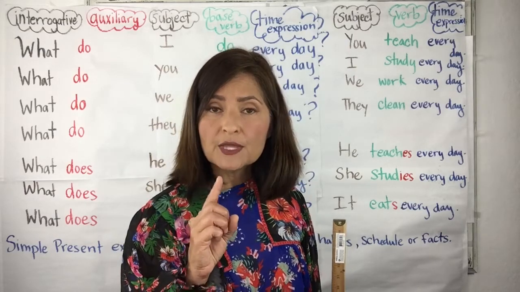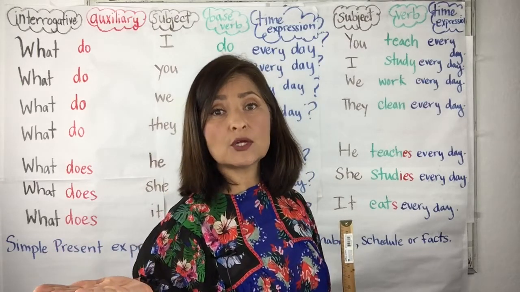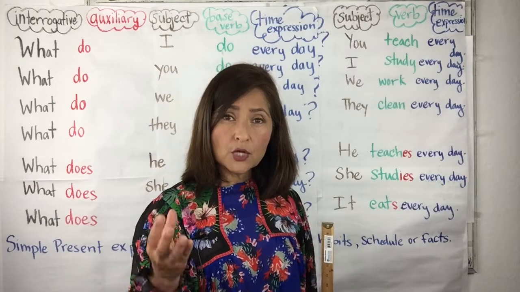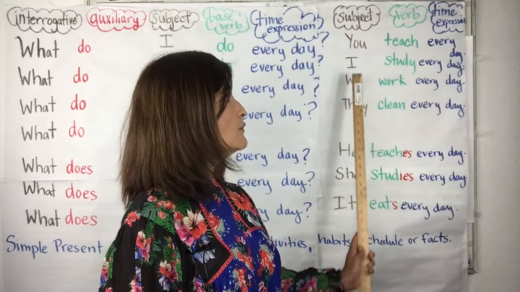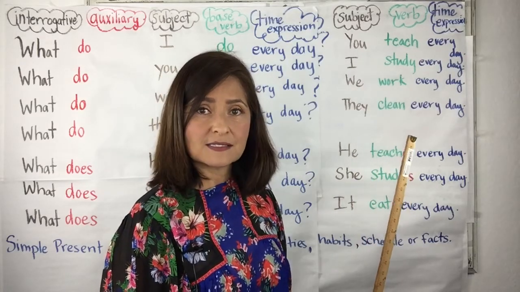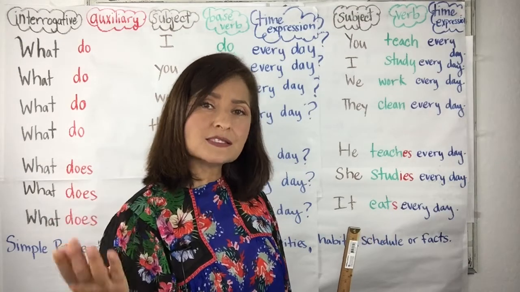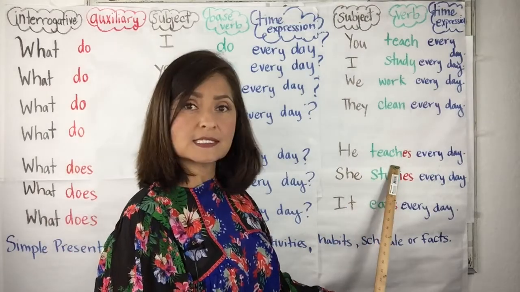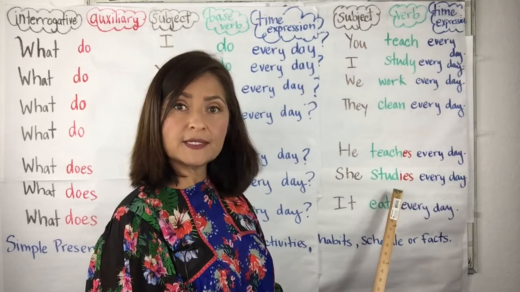So you have to know that if you are talking about something that happens every single day and it is two people you want to talk about, your verb must not have an S. If you are talking about one person, that's the third person. And in the third person, you add an S.